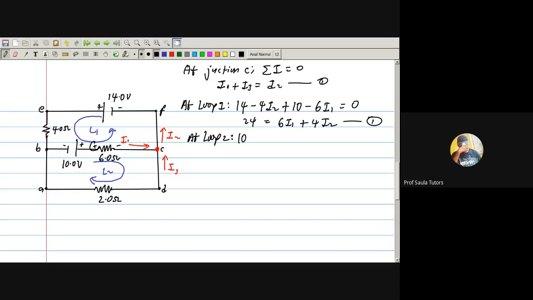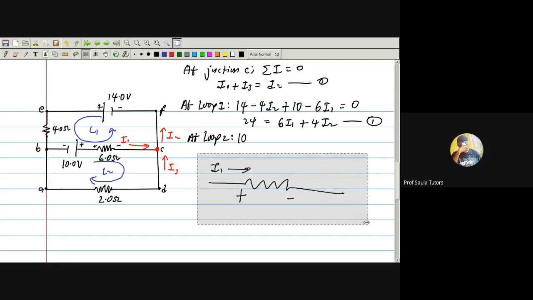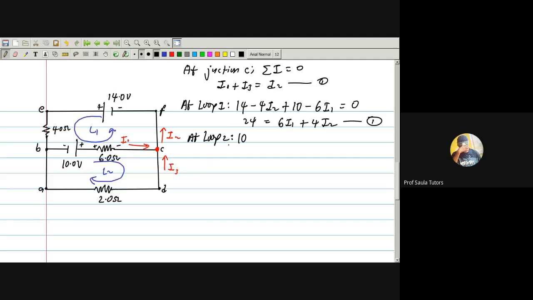Remember, if a current is moving this way, you assume this is high potential and this is low potential. Since the current is traveling this way, and I'm also moving in that direction, that's high to low potential, so that is negative 6I1.